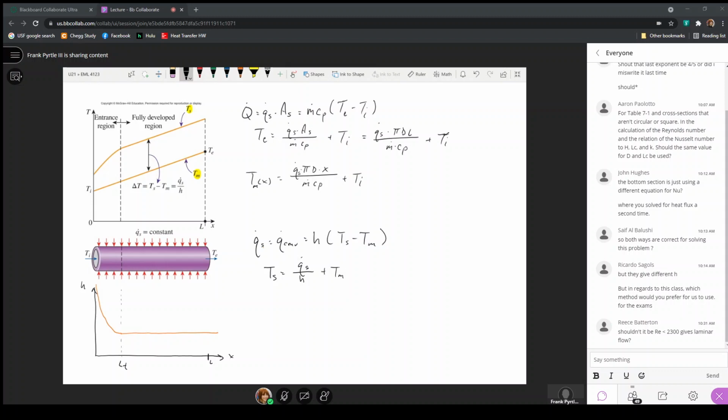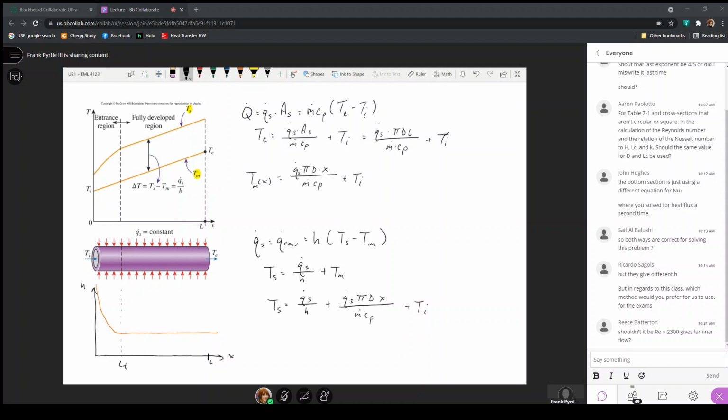If I substitute this expression into this one for the surface temperature, I can write Ts as the heat flux divided by H plus the mean temperature of the fluid, which is this expression of the applied heat flux times pi dx over m dot C sub P plus Ti. So this is how we define the expression of that surface temperature.